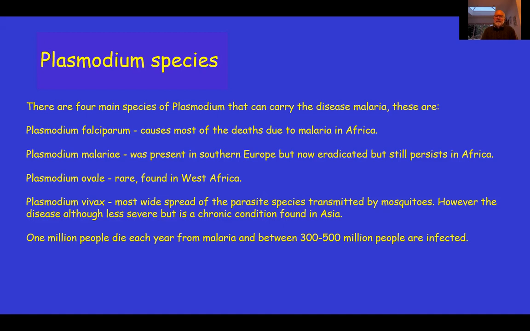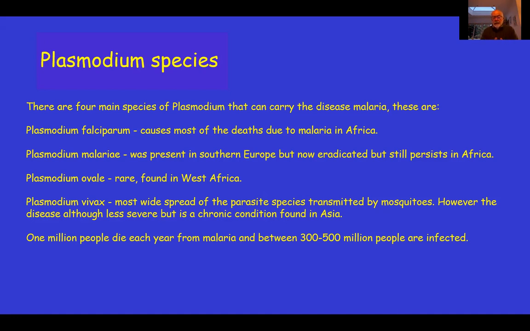Plasmodium vivax is the most widely spread parasite transmitted by mosquitoes. However, it's not so severe, and it's more of a chronic condition, meaning long-term, in Asia.